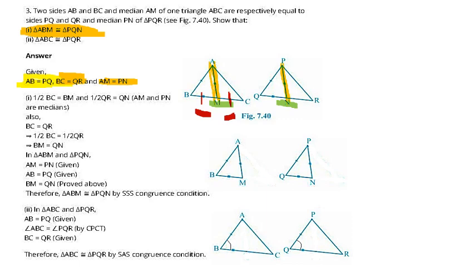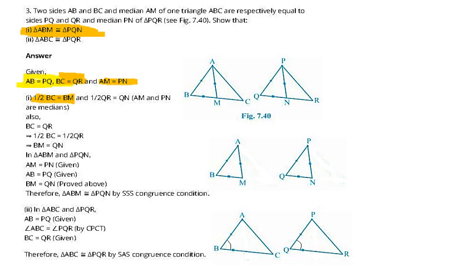Similarly here, if N is the midpoint, then QN and RN, they will be equal to each other. Or I can say that QN is half of QR and RN is half of side QR because of the midpoint. So this is what I have written in the proof. I have written down that half of BC is BM.